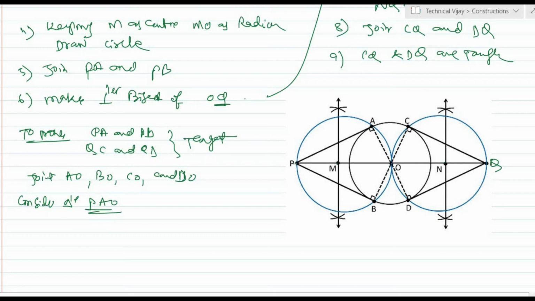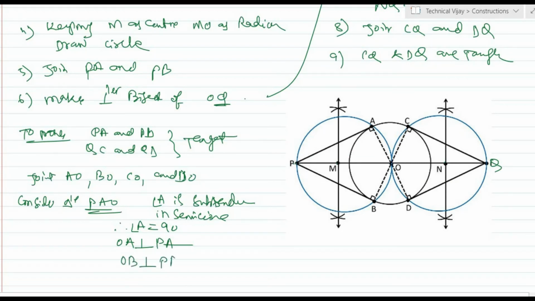Here angle A is subtended in a semicircle, hence angle A is equal to 90 degrees. Angle A is 90 degrees means OA is perpendicular to PA. In the same way, OB is perpendicular to PB. OC is perpendicular to QC. And here OD is also perpendicular to QD.